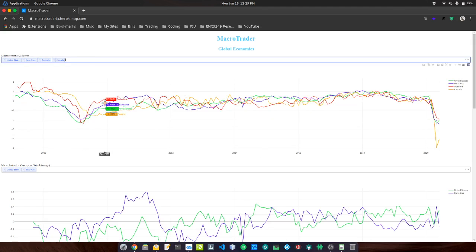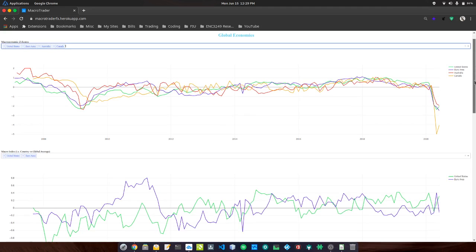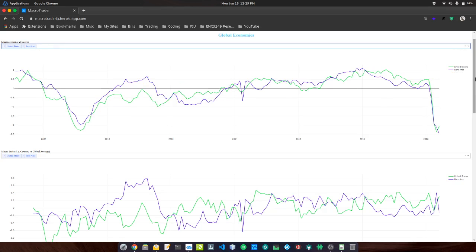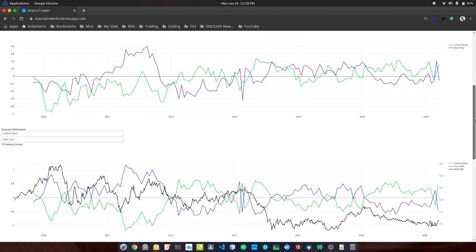So you've got in these lines dozens of pieces of economic data and its health, and it creates one simple, easy to read model. And then what we do is, based off of those models, we start to pit them against each other.